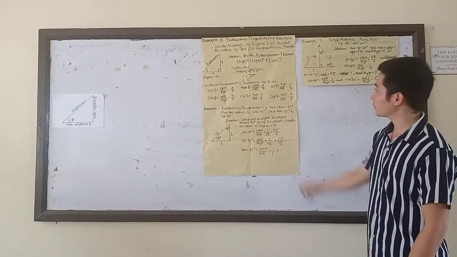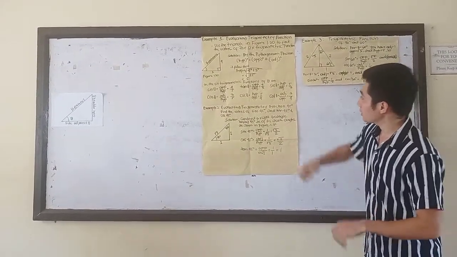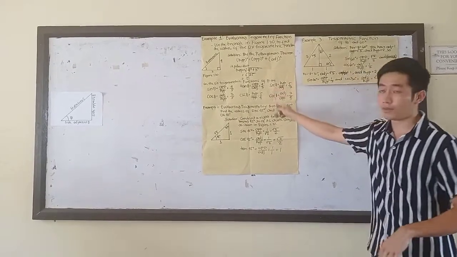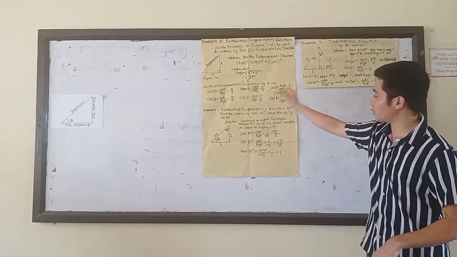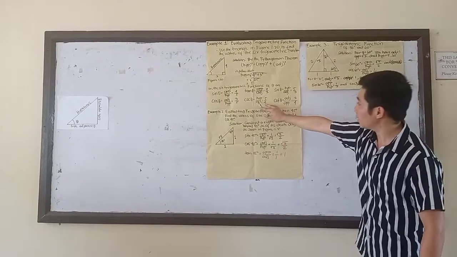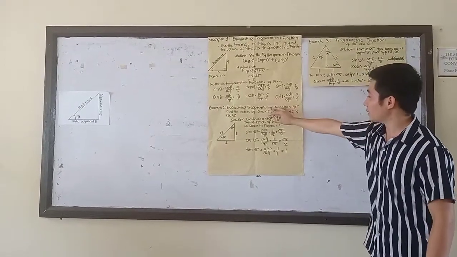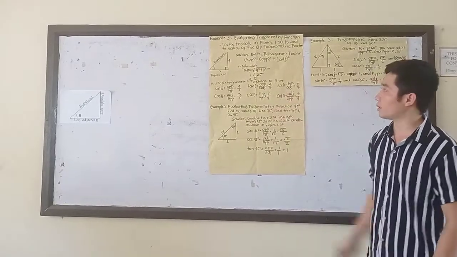Tangent theta equals opposite over adjacent, 4 over 3. Cosecant theta equals hypotenuse over opposite, 5 over 4.